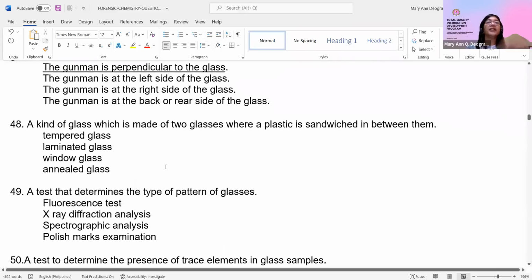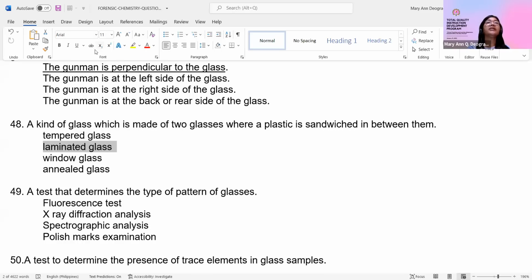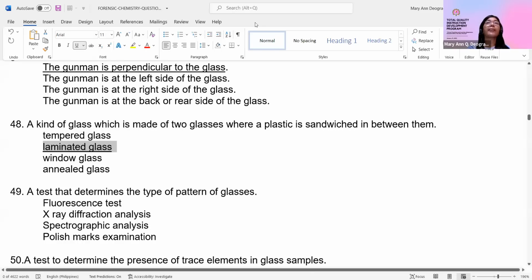How about this one? Plastic which is found in between two pieces of glasses, laminated together. Ah, nakalagay na. So, laminated. Sinabi ko na. Okay, or this is known as, ano sagot? Laminated. Ano yung other term for laminated? Anyone?